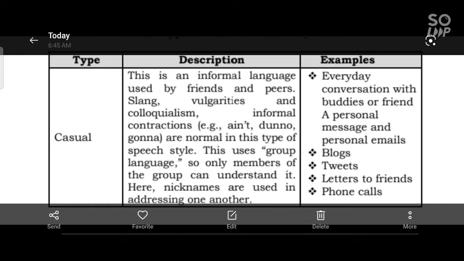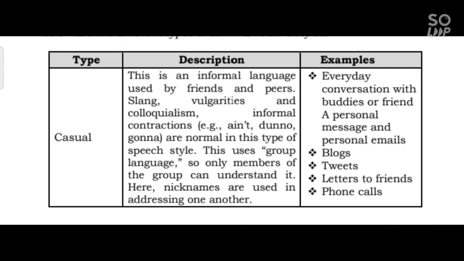So, examples of use of casual communicative style is in everyday conversation with buddies or friends, or personal message and personal email. So, let's say for instance, kayo ay nakikipag-chat sa inyong friend, kayo ay nakikipag-usap sa inyong kaibigan, di ba iba yung type ng words na ginagamit nyo? Meron kayong mga bansag na ginagamit, meron kayong mga words and terminologies na kayo lang ang nagkakaunawaan.